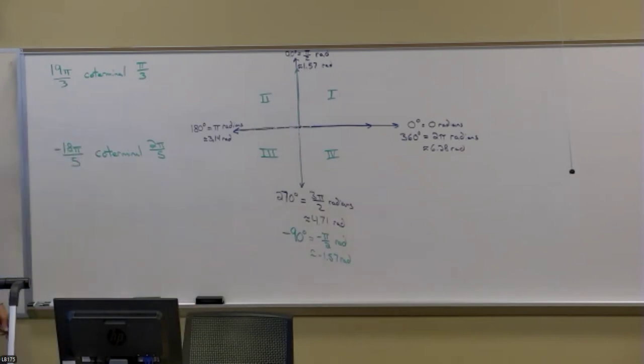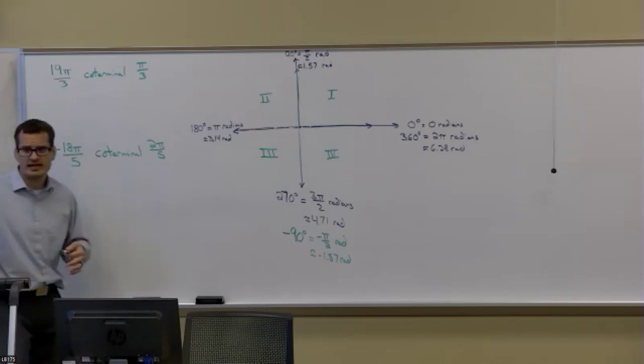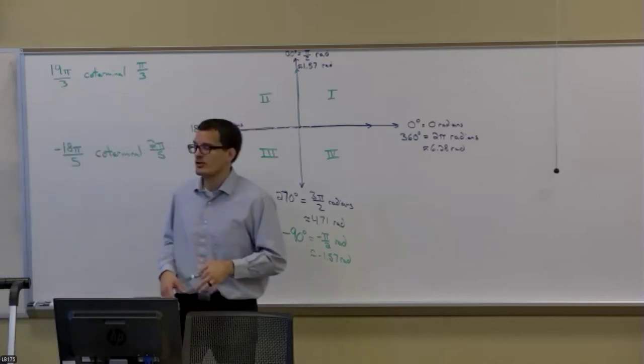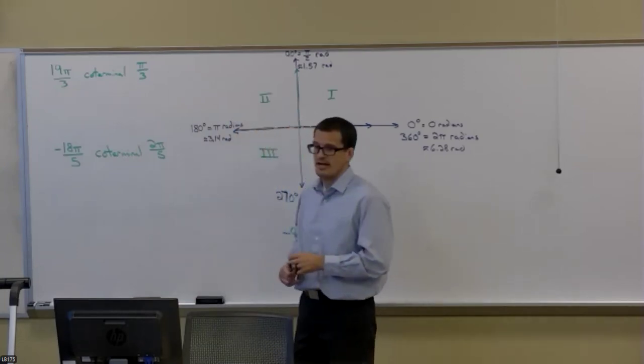Does that make sense? Just by subtracting 2 pi over and over and over again, you get pi over 6, pi over 3. And you can do that in lots and lots of different ways. Like I said, I showed a couple of different ways on the calculator, and you can also do it just as easily by hand.